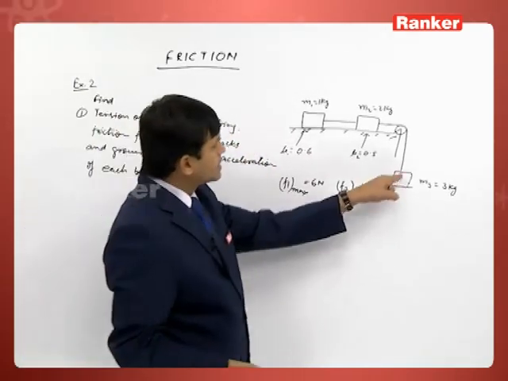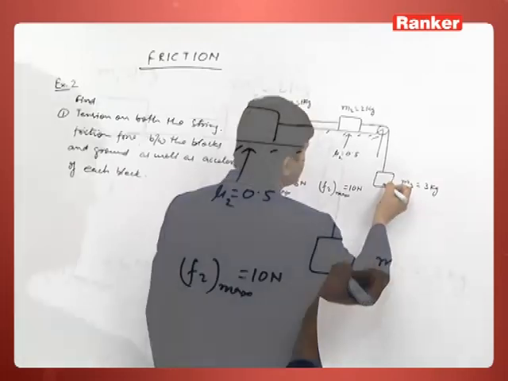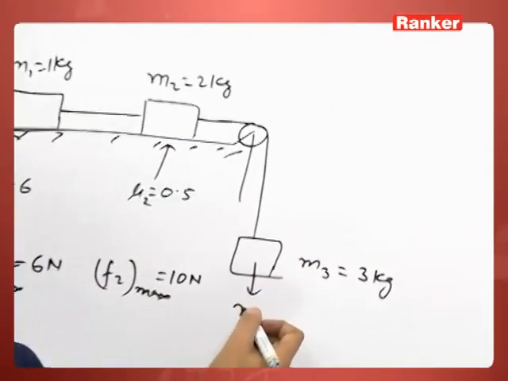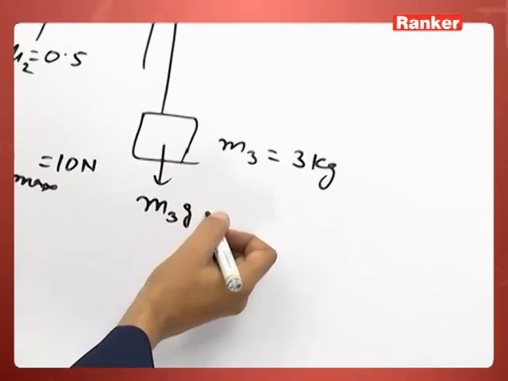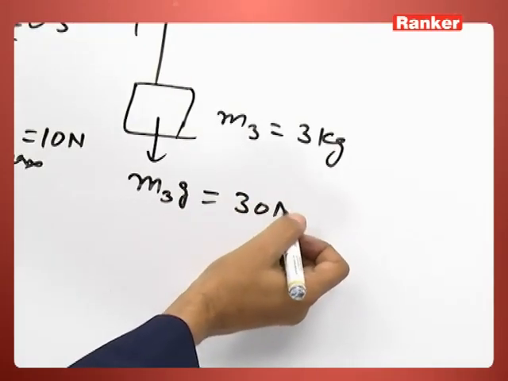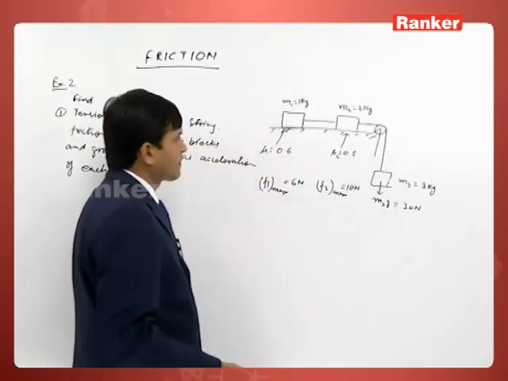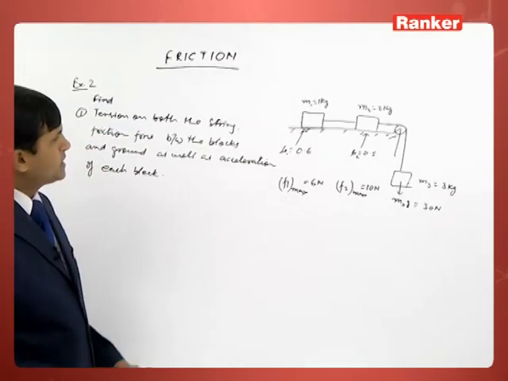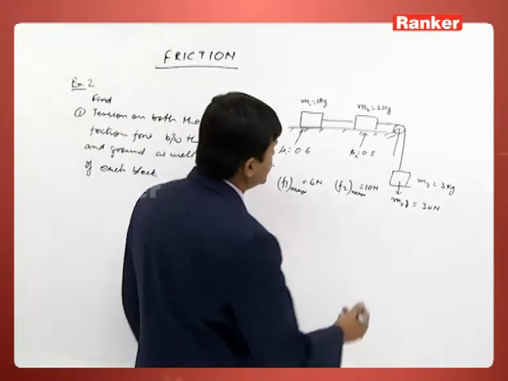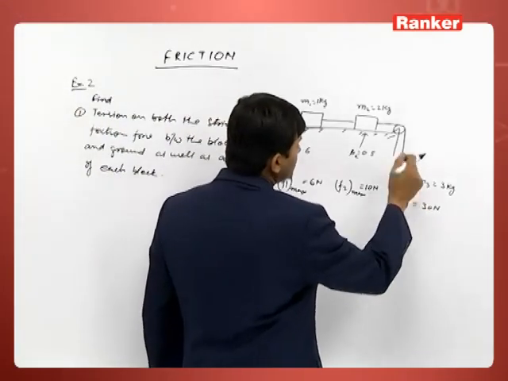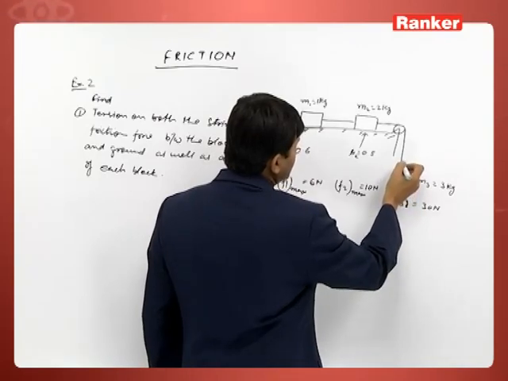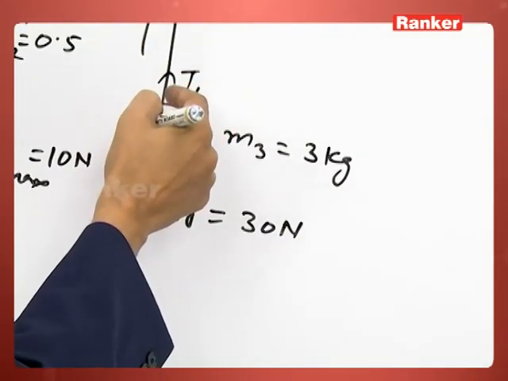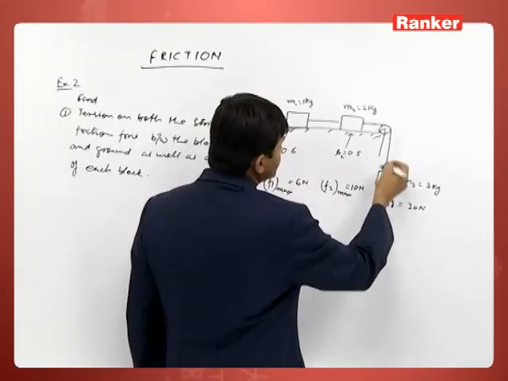And the downward force on this block is m3g, which is 30 Newton. So if we look at the whole FBD, suppose the system is at rest, then T1 must be equal to 30 Newton.